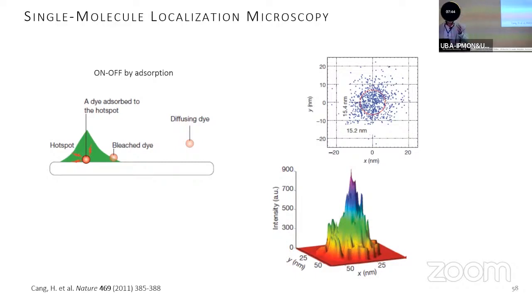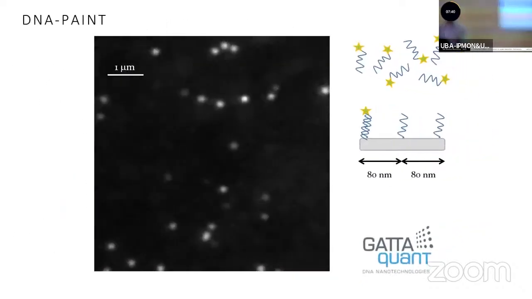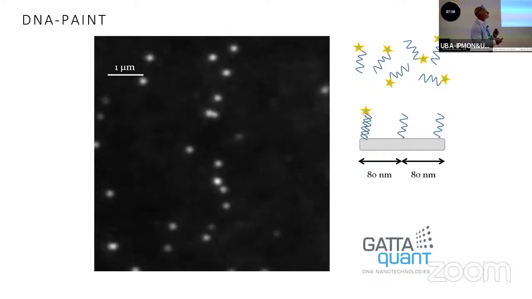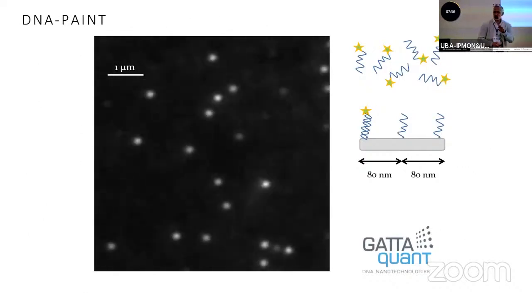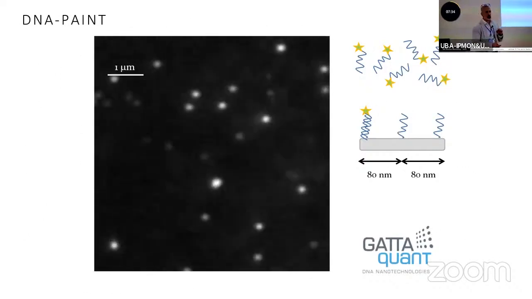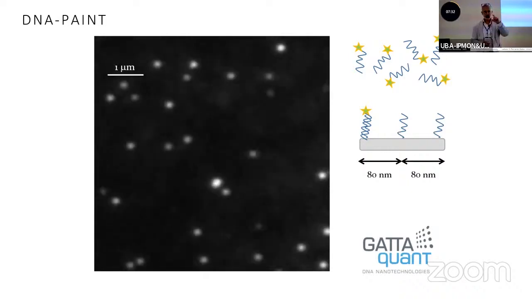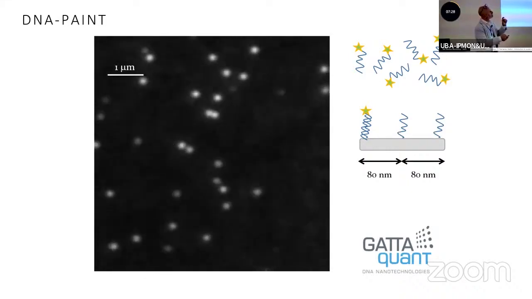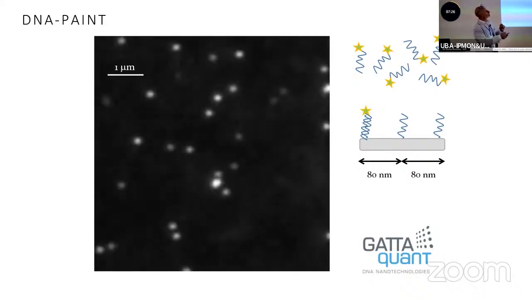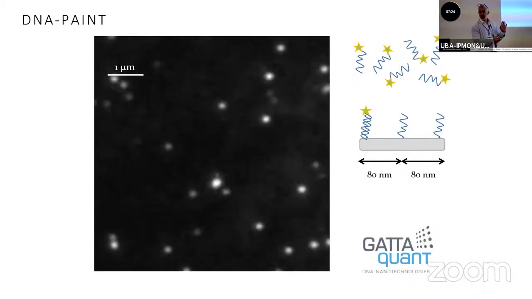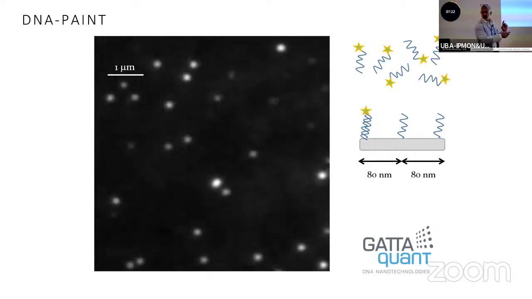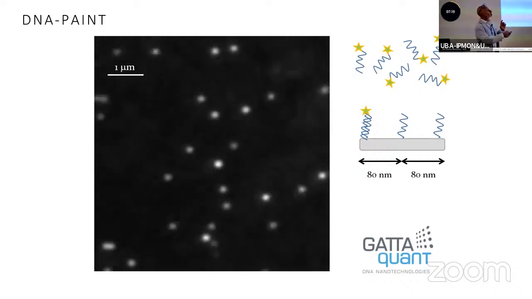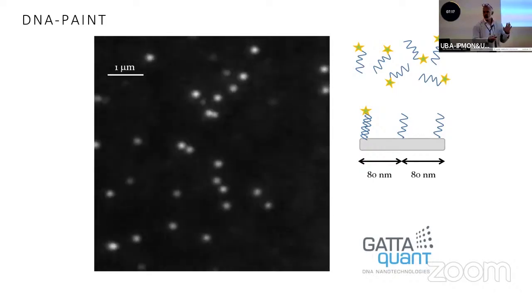An improvement of this is the technique called DNA PAINT, in which the structure that you want to image is labeled now not with a fluorophore, but with an oligonucleotide, a short single-stranded DNA chain. And then you put in solution the complementary oligonucleotide. This one is labeled, right? And it's designed to hybridize here only transiently.